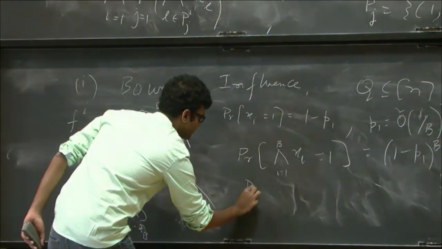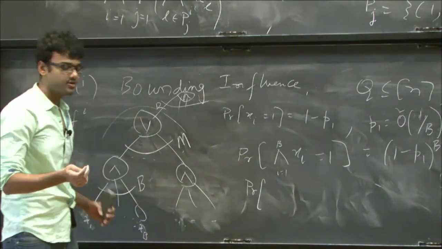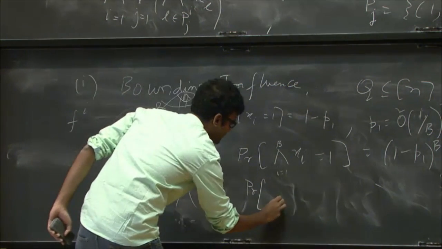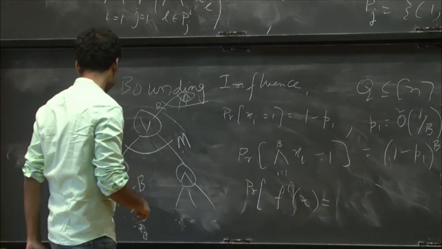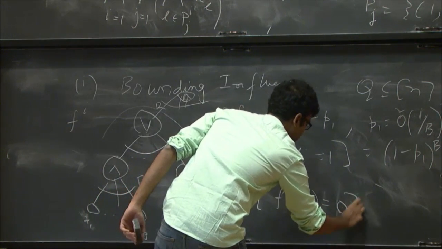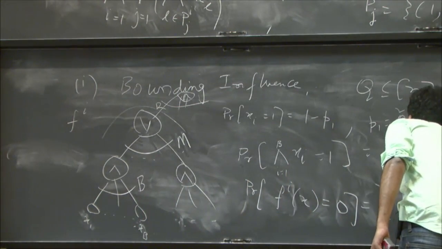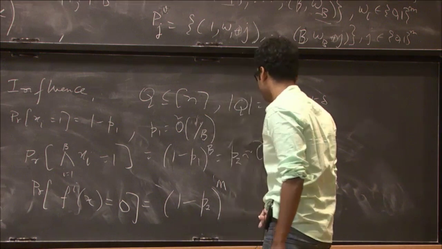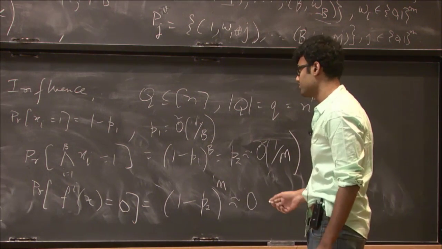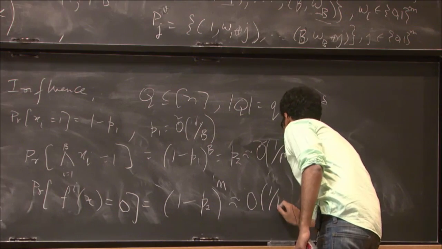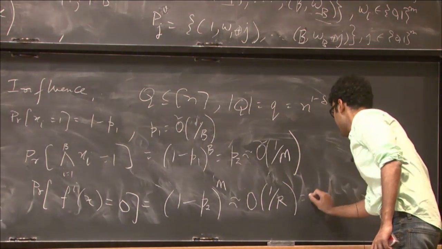And all these probabilities are over the Bernoulli distribution. So the probability that Fi of x is equal to 0 is 1 minus p2 to the power M, and this, I think, is actually order 1 over R. You want the final thing to be balanced.